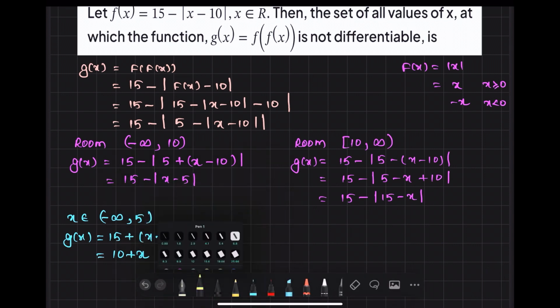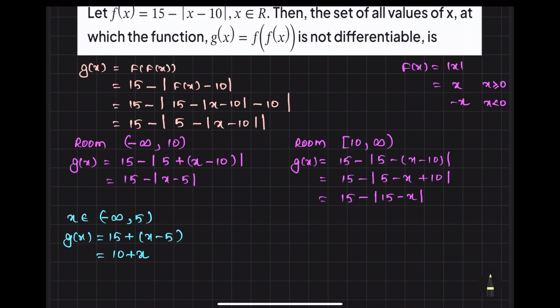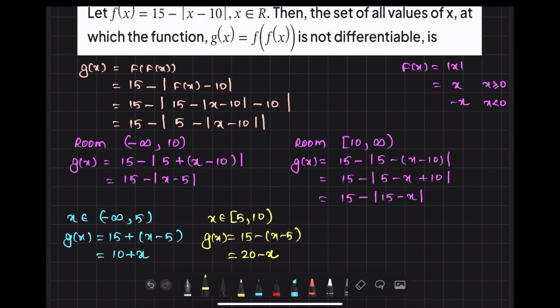Now from 5 to 10, x belongs to 5 to 10. 5 is yes because you ignored it in the previous room. 10 is no. In this room it will open with a positive sign. So g of x will become 15 minus x minus 5. So it will become 20, that minus will become plus. So it is 20 minus x. Okay. Now look at this.